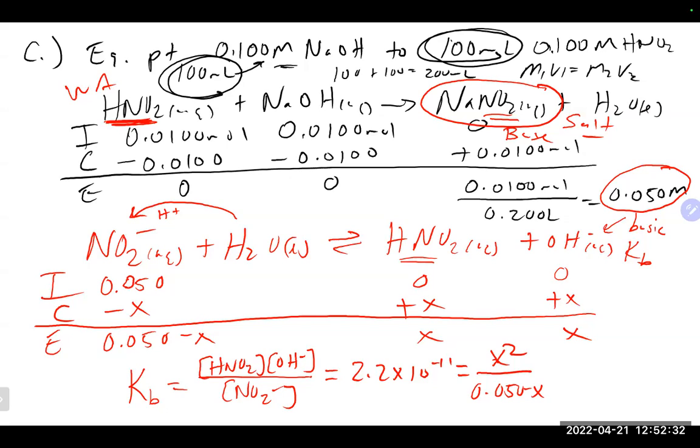I'm also going to do a little square root action on it. And if I do all that, multiply it to the other side, take the square root, I get an x that's equal to 0.000000105 there.